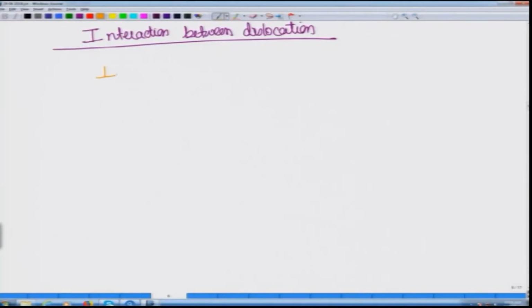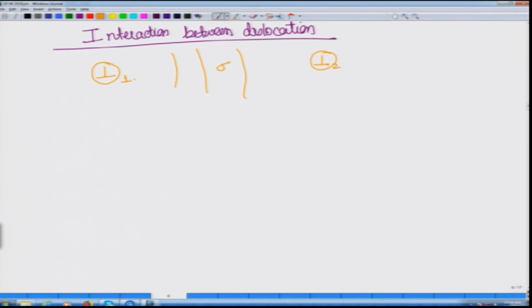a dislocation standing over here. So, this is the one that is causing the stress field, and this is another dislocation whose motion we want to study. Now, this one will create a certain stress field. So, let us say these are stress contours.